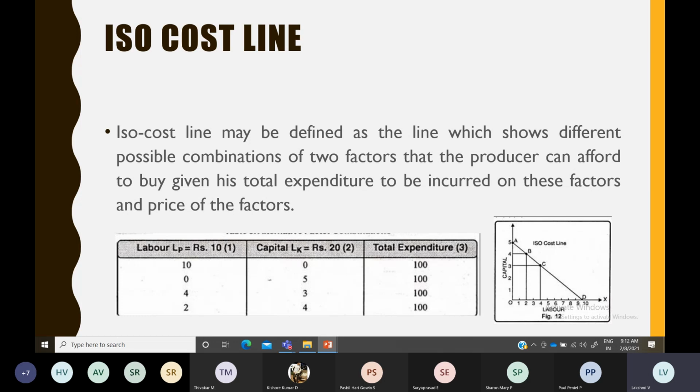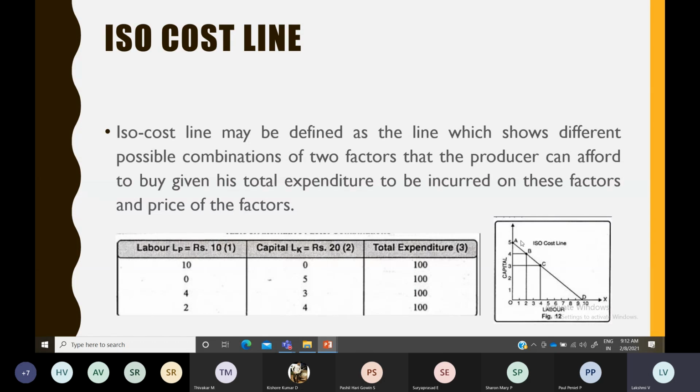Here, with respect to the producer, their budget line is the iso-cost line. Above that means he is out of his control. He cannot give the output; it is not possible beyond this capacity.